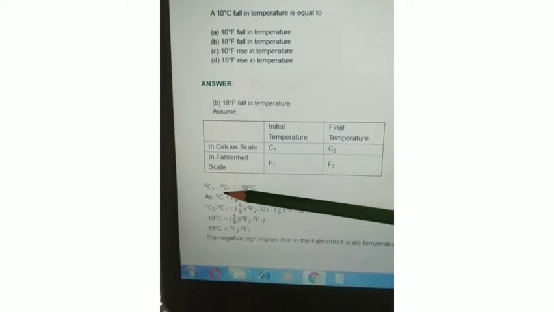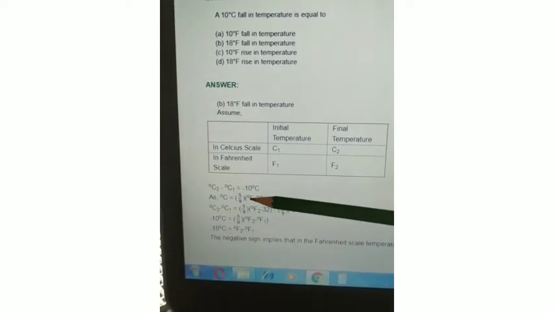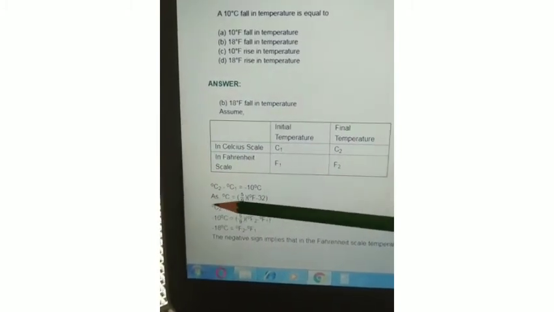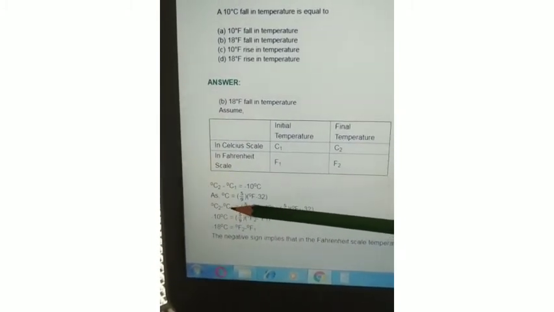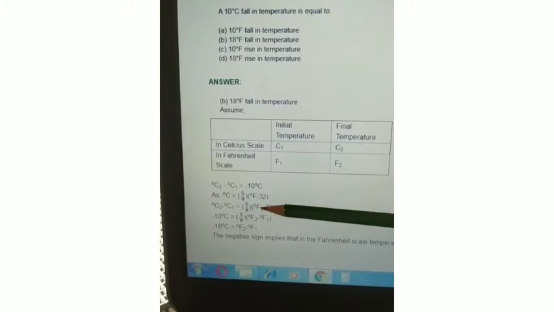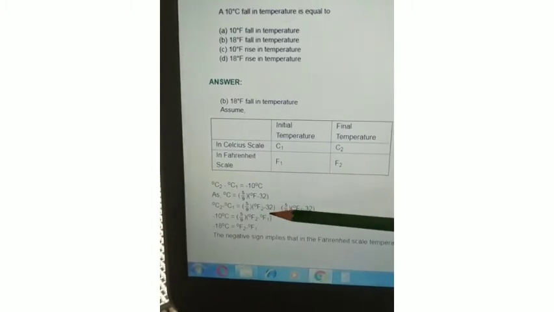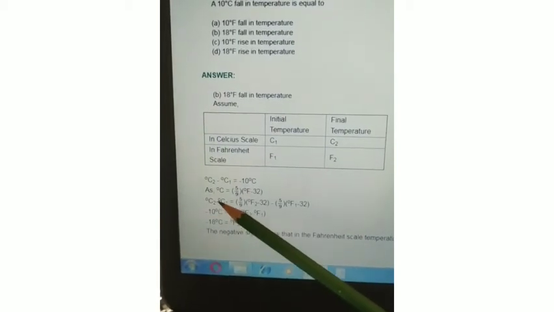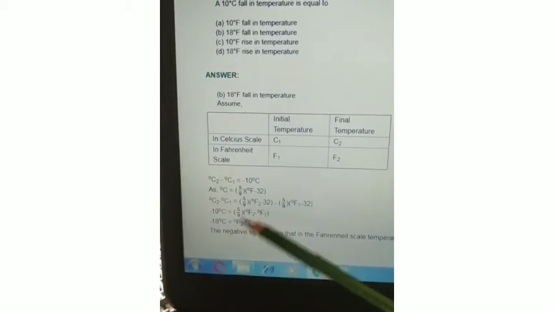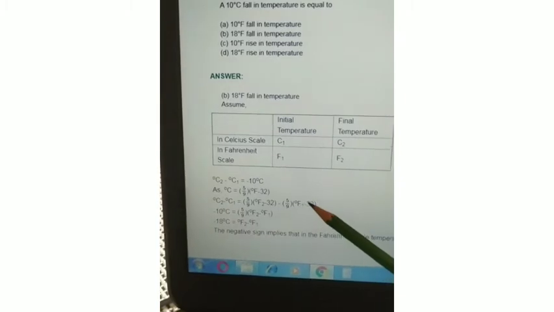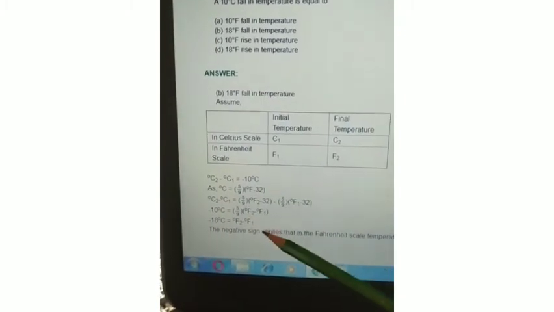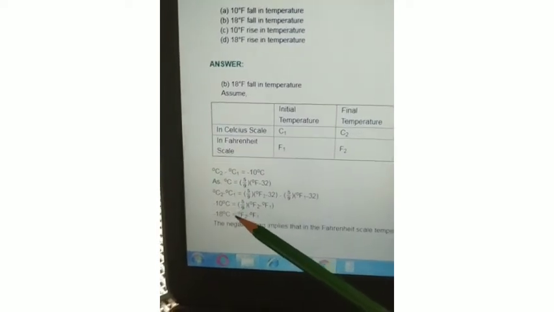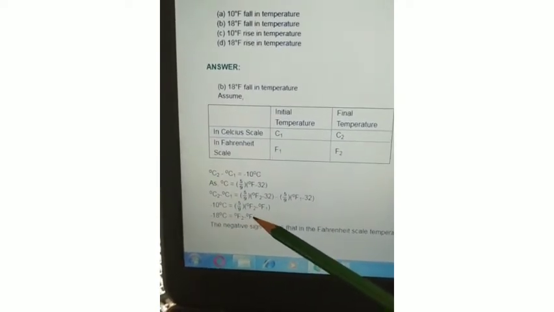So as 10 degree Celsius is equal to 5 upon 9, using that formula, (F minus 32), C2 minus C1 is equal to 5 upon 9 into (F minus 32). Here, student, we have used our initial and final values, the same here and the same also here. So when we solve this, we get minus 18 degrees Celsius is equal to Fahrenheit 2 minus Fahrenheit 1.